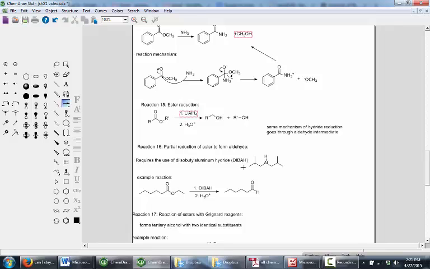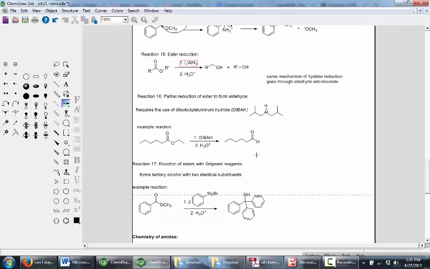This is diisobutyl aluminum hydride. The structure of that is shown here. If I take this ester, for example, treat it with the diisobutyl aluminum hydride followed by aqueous acid, I will form the aldehyde only, and this will not undergo any further reduction to the primary alcohol product.